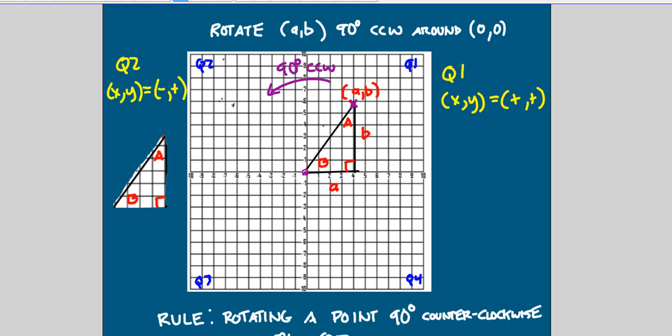So what I'm going to do is copy this triangle we had, make a congruent triangle, and get it to move. So this is a congruent triangle, and I'm going to rotate it in such a way, like this, and put it there.